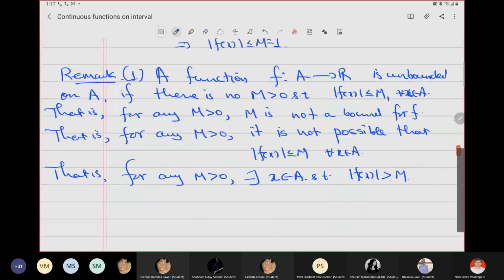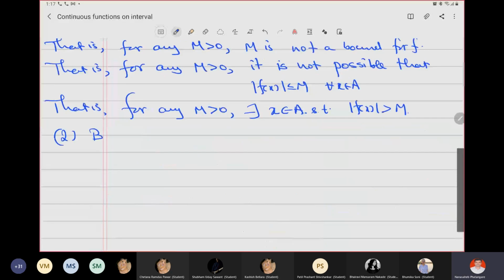Now, secondly, what is the Bolzano-Weierstrass theorem? Do you remember it, and in what context we state this theorem?